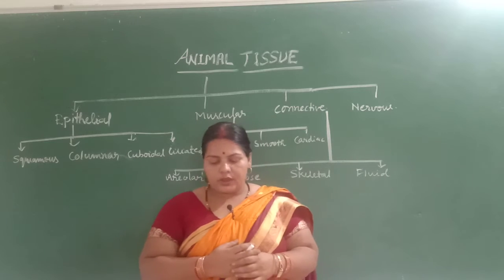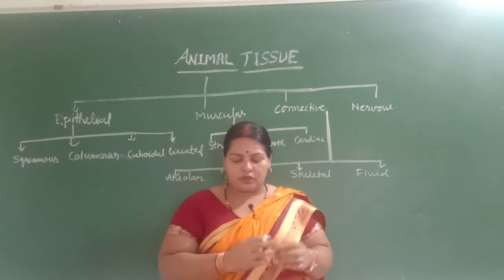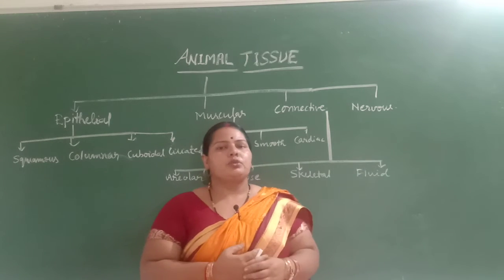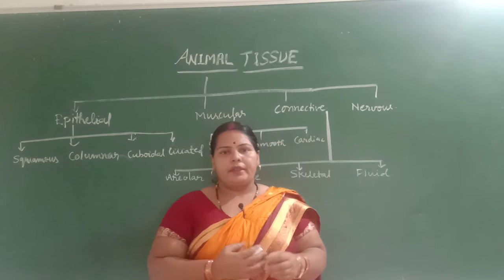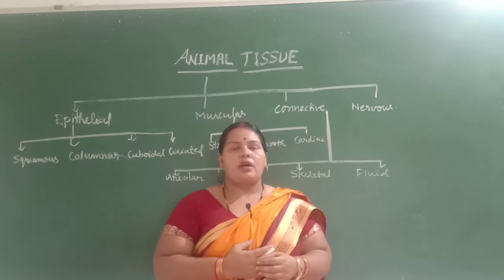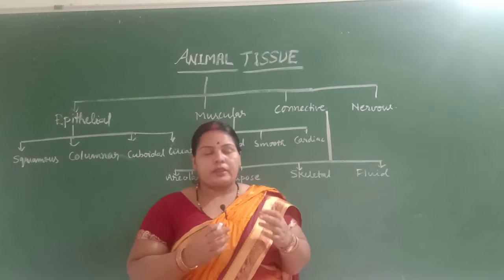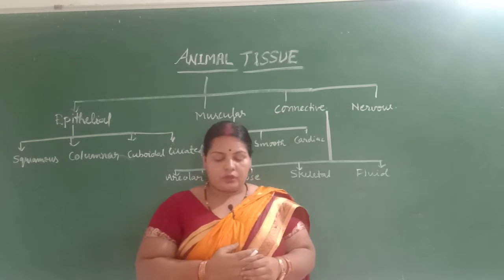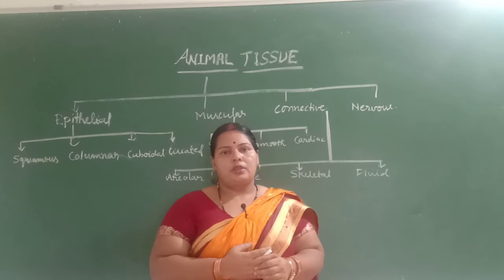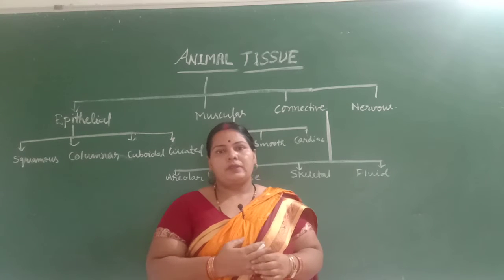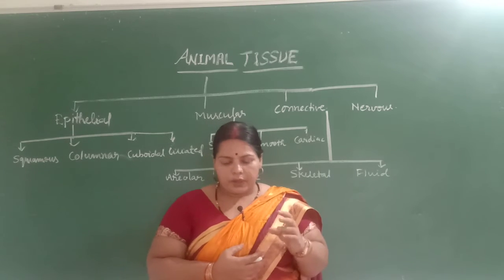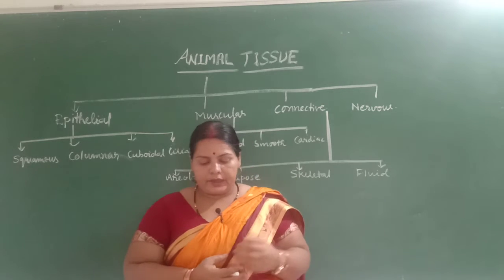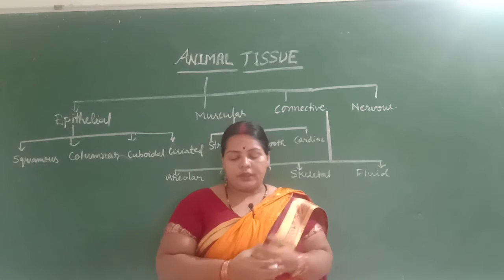The organization of animal tissue is complex as compared to plant tissue. The tissue organization is geared toward high mobility of the animals. What are the different characters of animal tissue? First, multicellular. Second, require more energy.